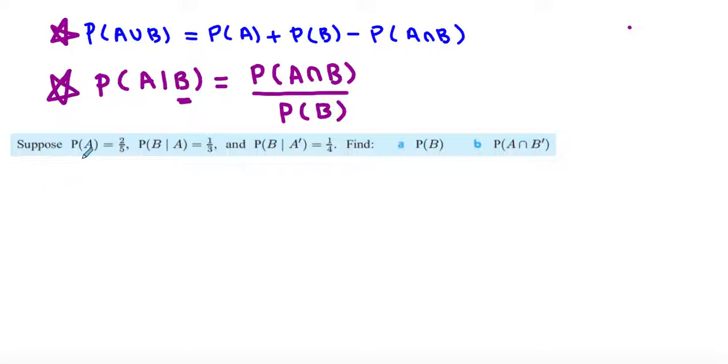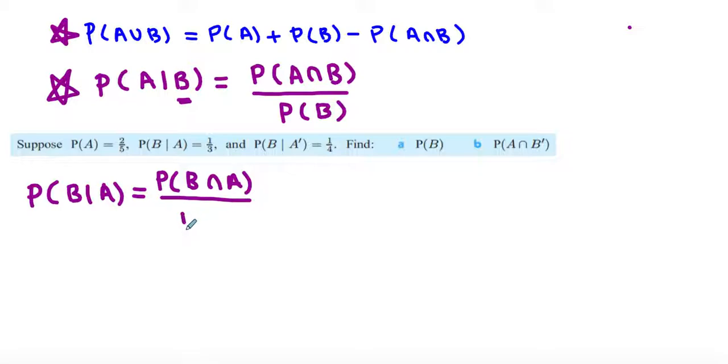You have probability of A is equal to 2 out of 5. Great. Now probability of B given A, this is something we can rewrite. Probability of B given A is equal to probability of B and A over probability of A, which is equal to 1 out of 3.